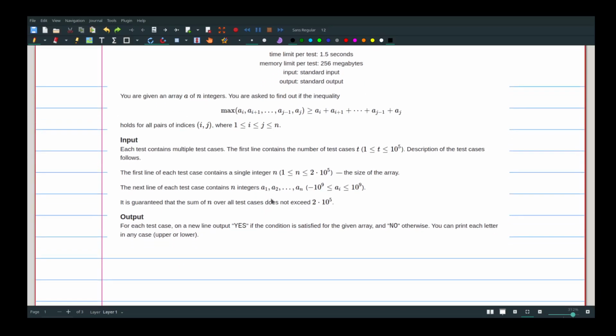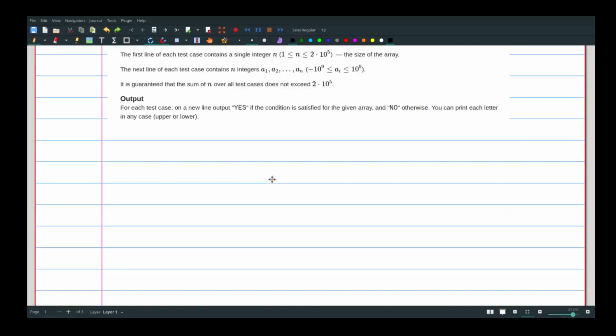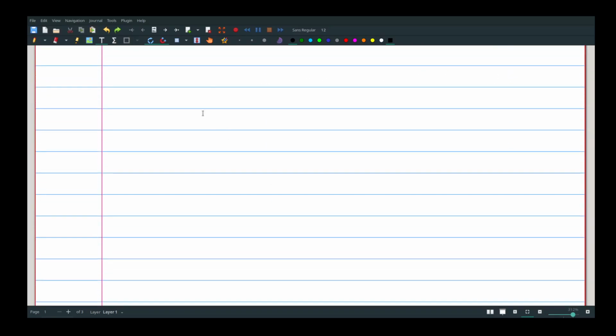The constraint on the length of the array is 2e5, while the elements in the array can range from -1e9 to 1e9. Now, the simplest way to approach this problem would be to just compute all the subarrays and verify the inequality.